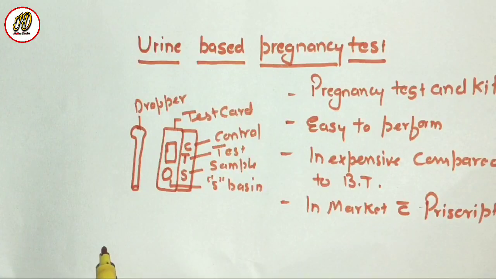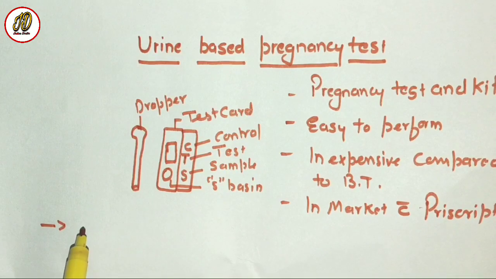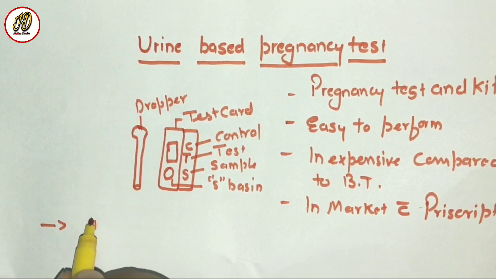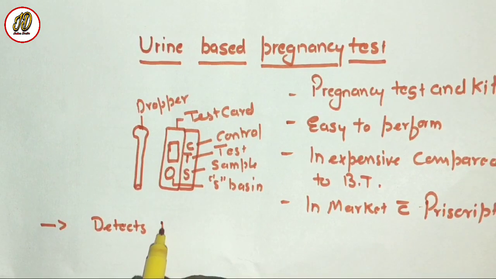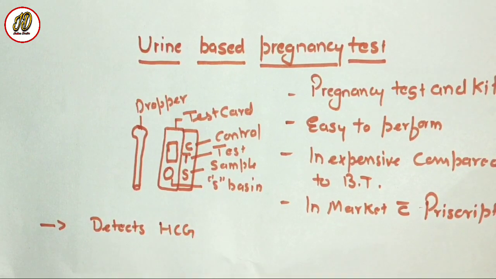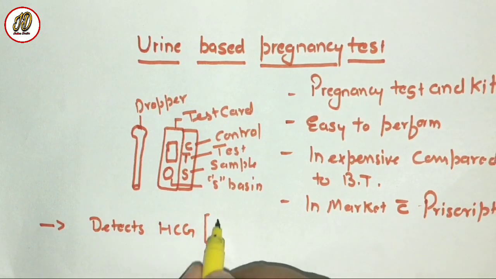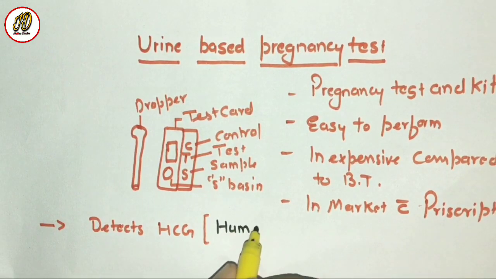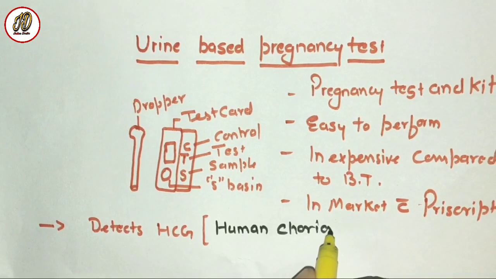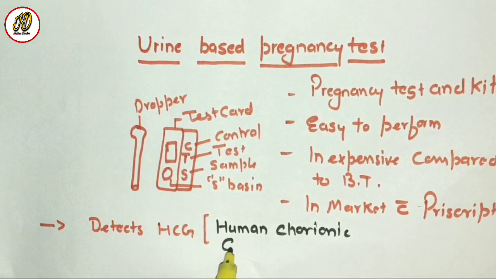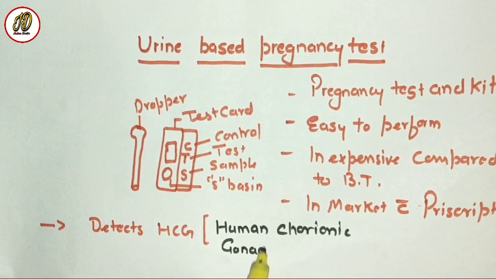Let's move on to the topic: how the pregnancy test kit works. The pregnancy test kit detects HCG, whereas HCG stands for human chorionic gonadotropin.